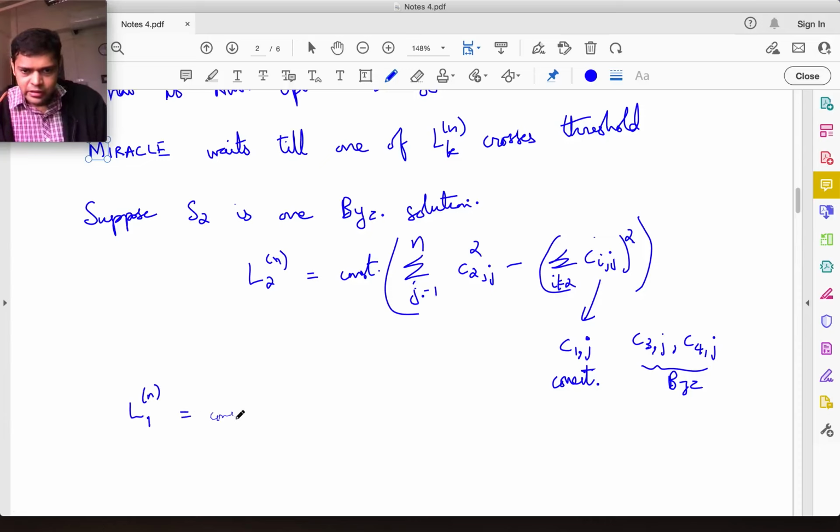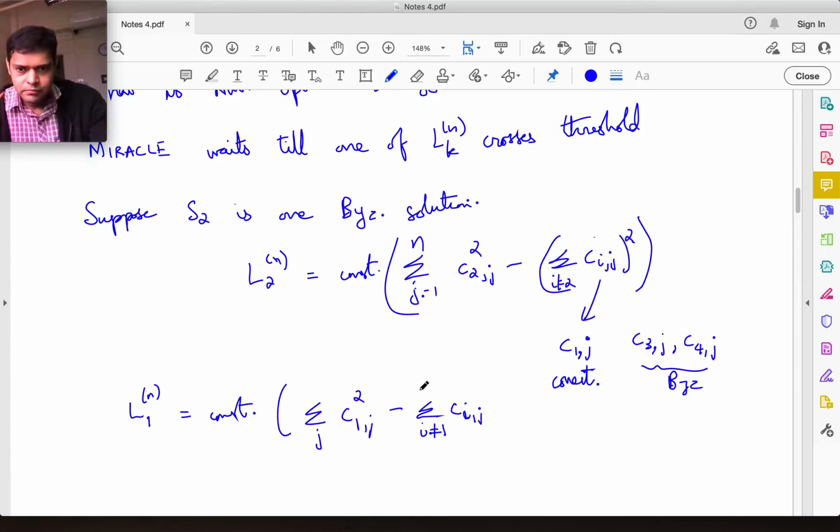L1n has the constant C1j square minus... Okay. So it doesn't matter to the honest people how the attacker votes, because all his votes get clubbed up together over here, whether he submits a single solution or multiple votes.